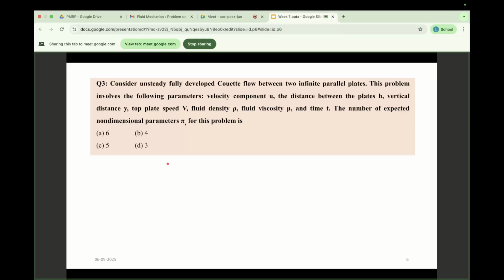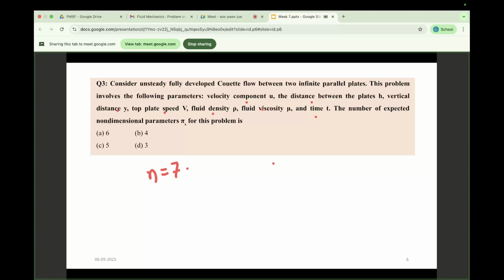So what is given in this question? First let me count the number of parameters. One is velocity, distance, vertical distance, 3, 4, 5, 6, 7. So the number of parameters n equals 7.